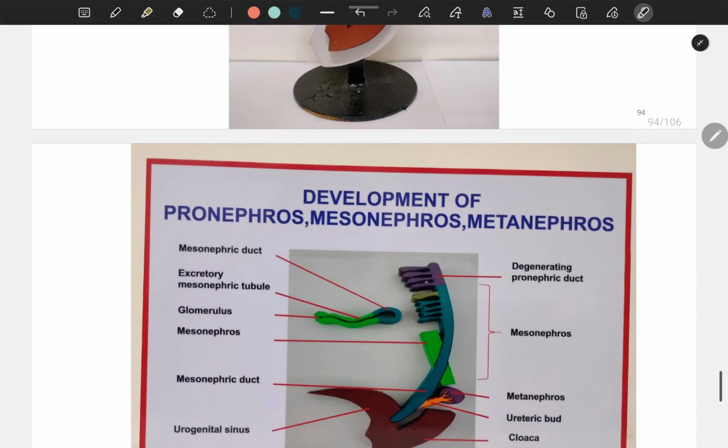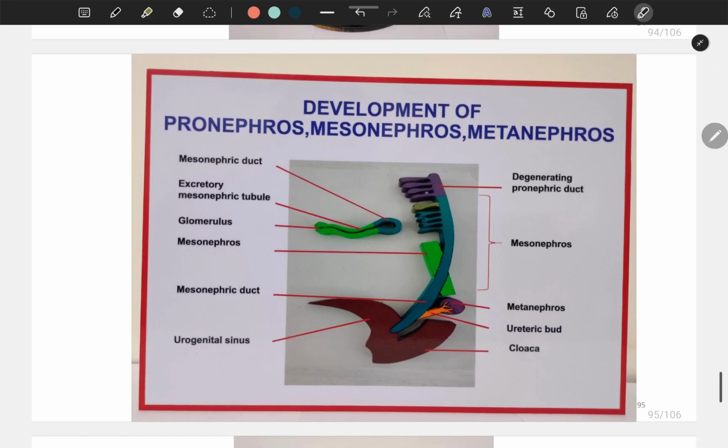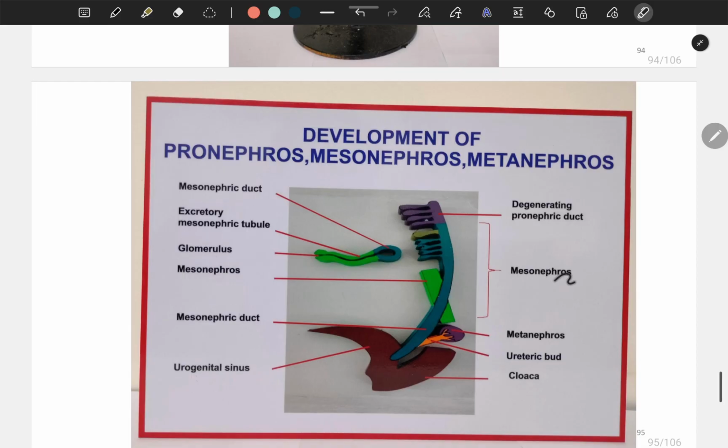Now coming to the development of the pronephros, mesonephros, and metanephros. It's not so important, but just learn the diagram. As I said above, the pronephros will degenerate. The mesonephros also will degenerate. Only a small part will continue as the mesonephric duct, and the metanephros.